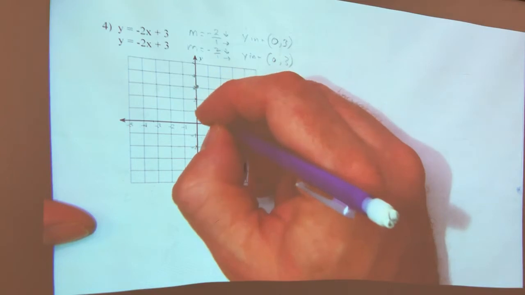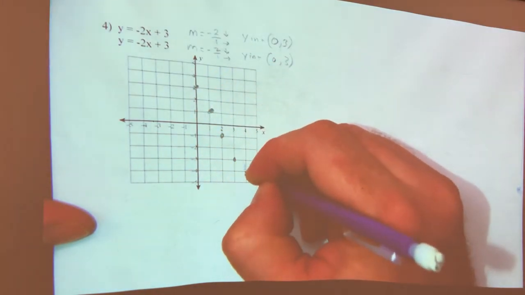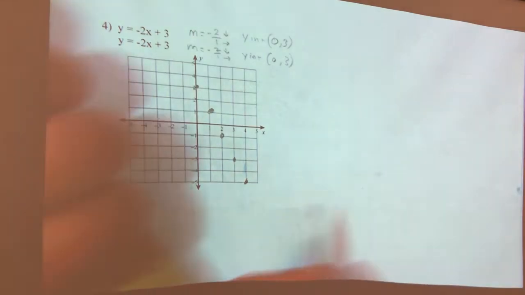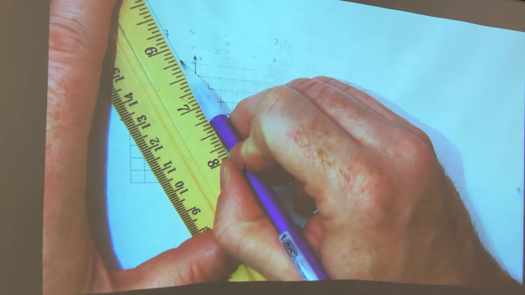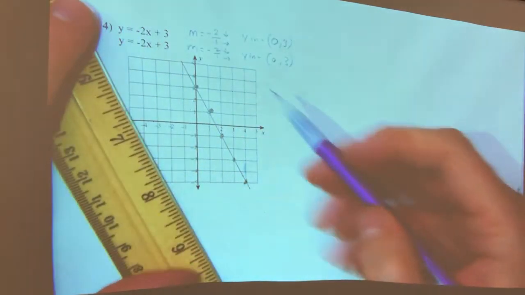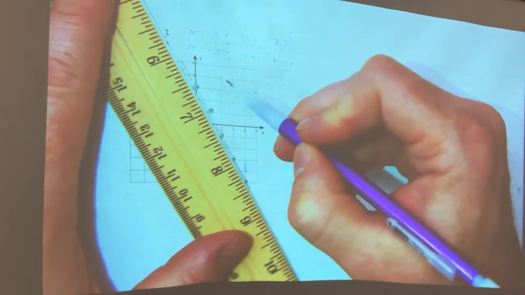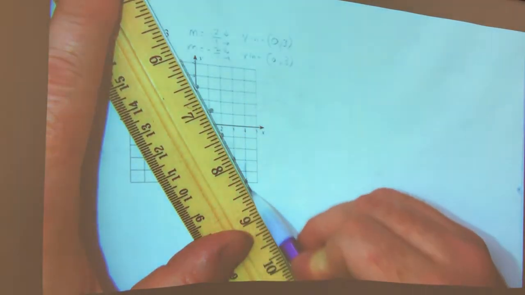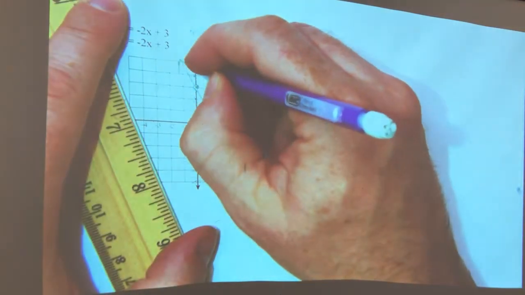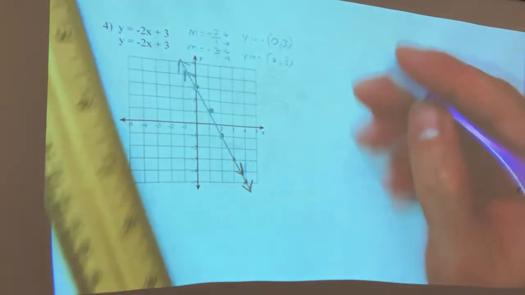And so as you might imagine, as I graph the first line, and then I go to graph the second line, down 2/1 again, how many solutions do you think we have? So there are two lines exactly on top of each other.